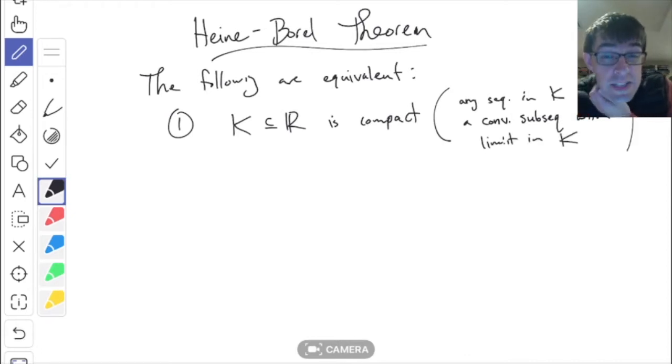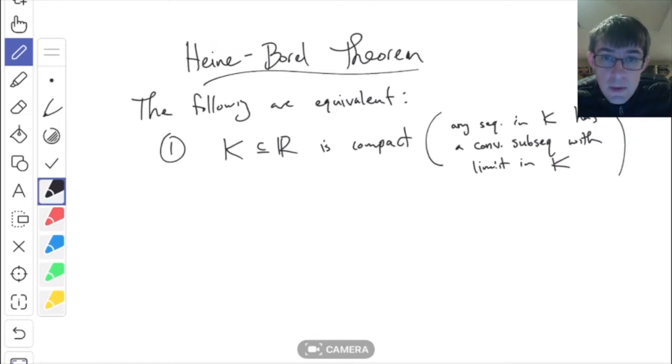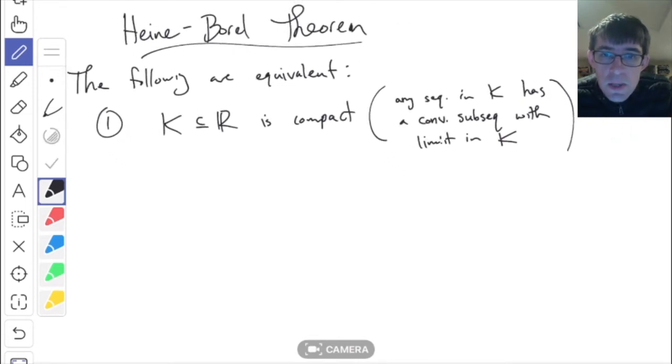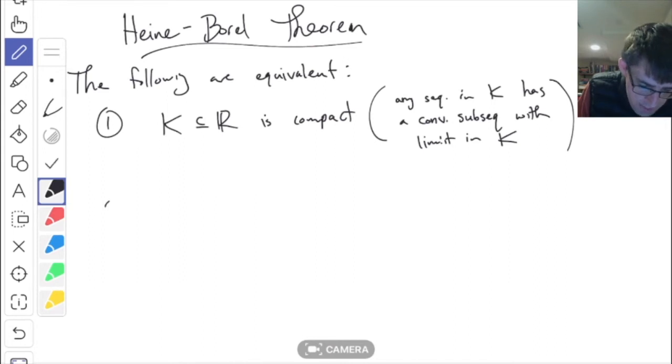Any sequence, that's the definition of compact. Any sequence in K has a convergent subsequence whose limit is also in the set that you're talking about, K. All right, that's the first thing. So that is equivalent to, number two is that K is closed and bounded.